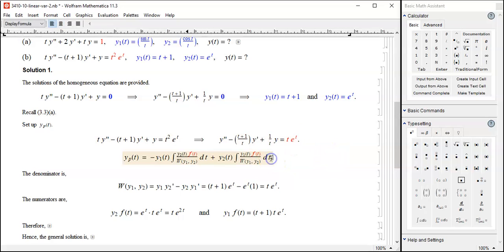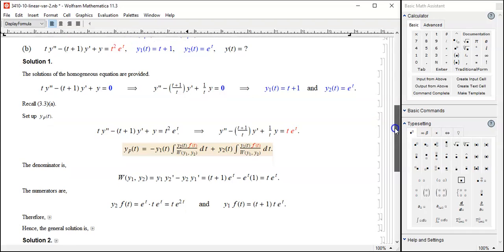And then we have to calculate this. Well, y1 and y2 are t plus 1 and e to the t power respectively. So we can calculate all those derivatives and put everything into this Wronskian formula. You're going to get t e to the t power, and that's going to be the denominator.